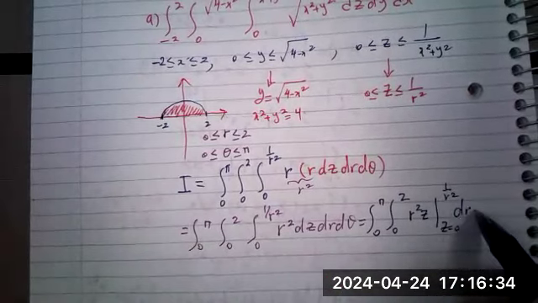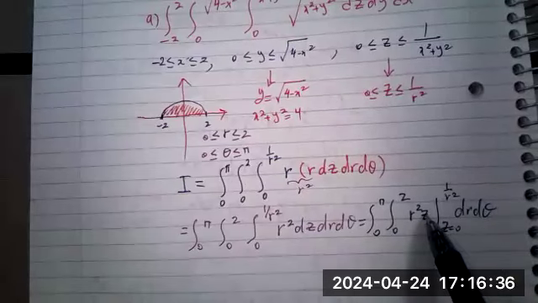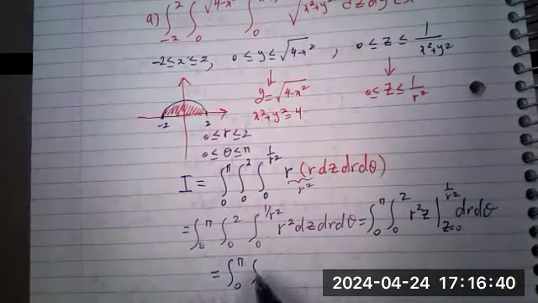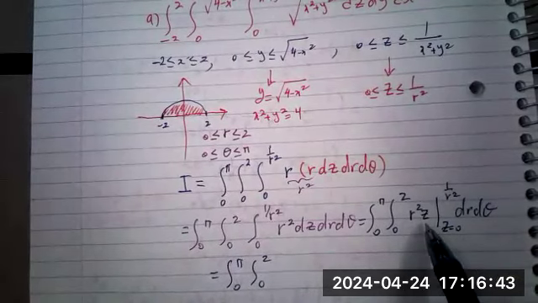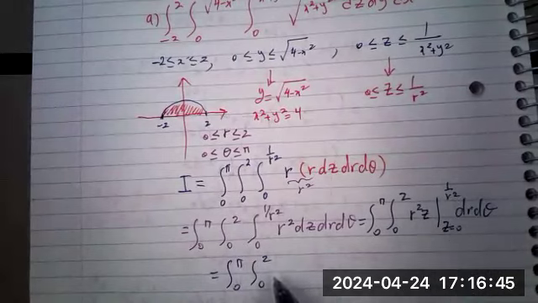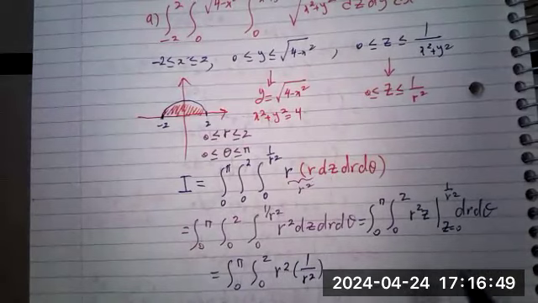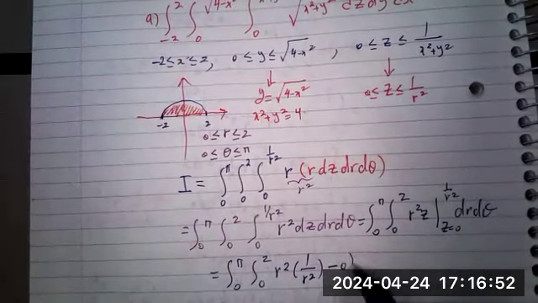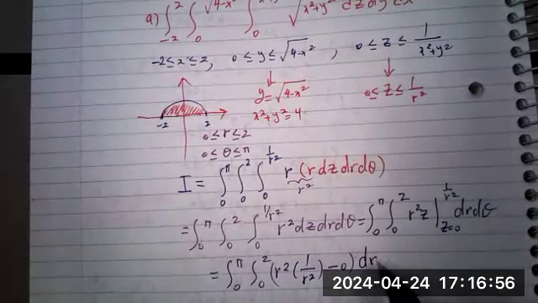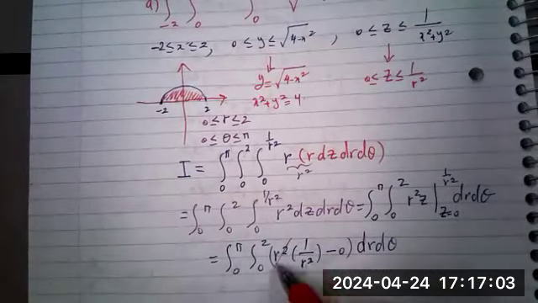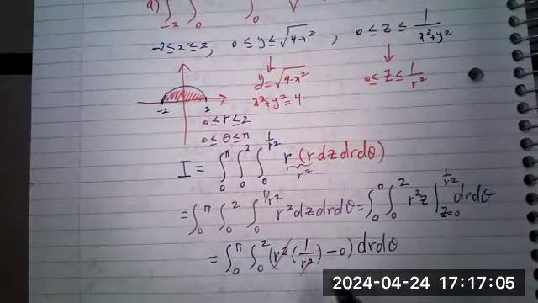So r squared z, but z is 1 over r squared. So it's r squared times 1 over r squared minus 0. When you're done, you integrate with respect to r and theta. This simplifies, so that gives you only 1.